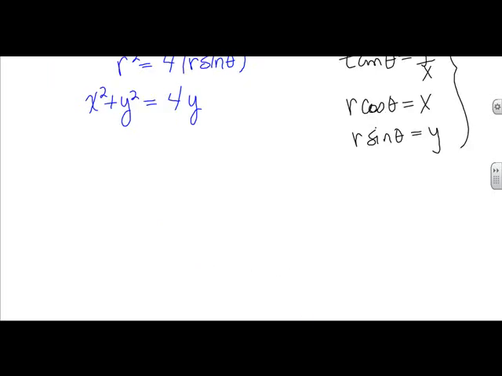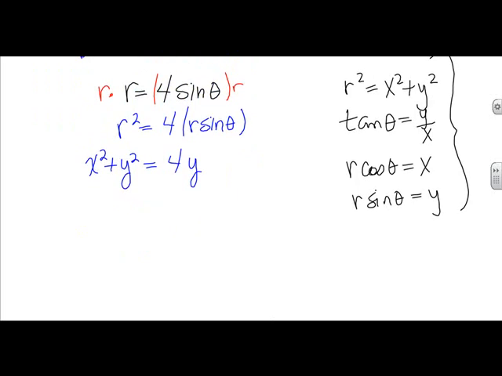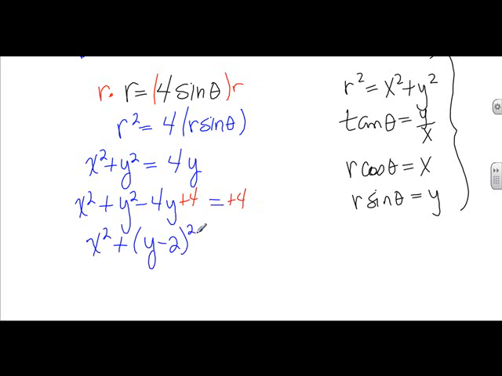Now, that doesn't look like the equation of a circle, but with a little bit of work, and completing the square, would give me the equation x squared plus the quantity y minus 2 squared equals 4, which is the equation of a circle with a center at (0, 2) and a radius of 2.